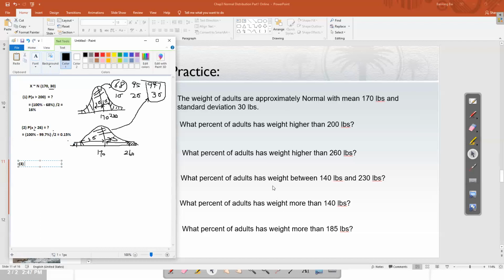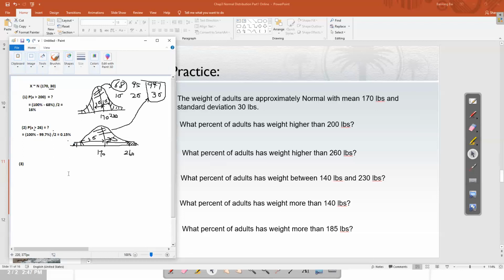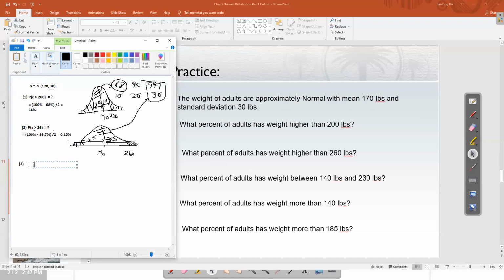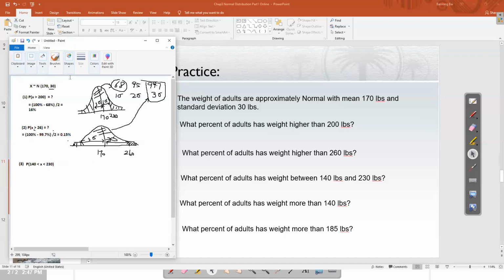Part 3. What percent of adults has weight between 140 pounds and 230 pounds? If you write the event out, this will be the probability of X between 140 and 230. I need to understand how to write the event out, right? In between, so I have 2 boundaries. Then if you draw the density curve, I think I'm getting better at drawing here.